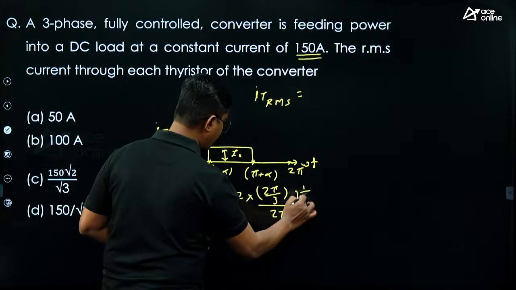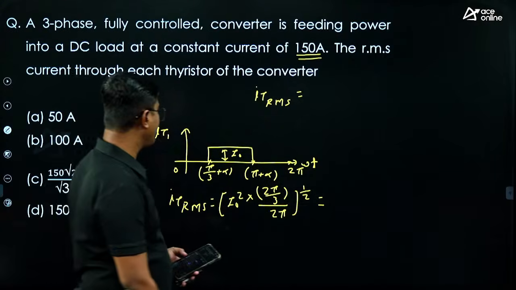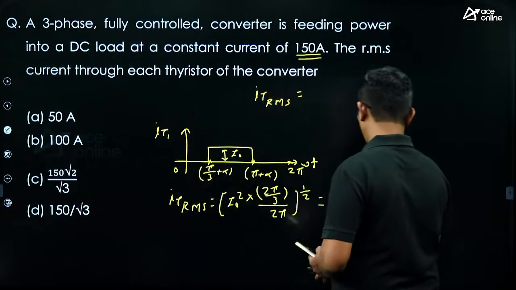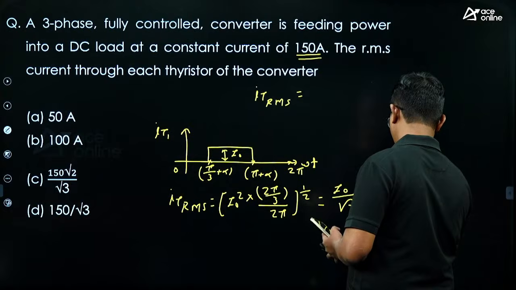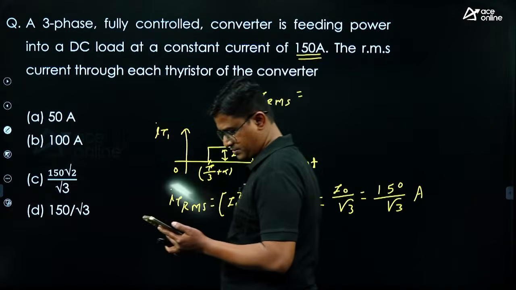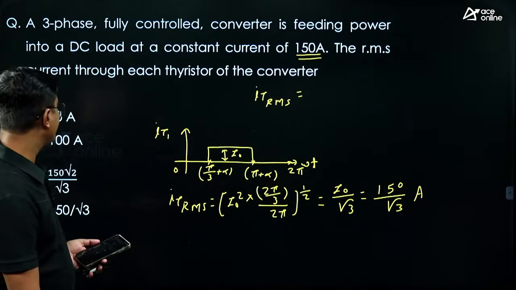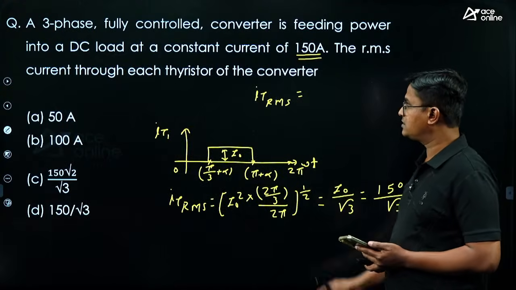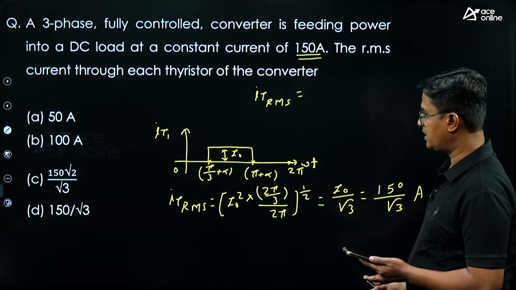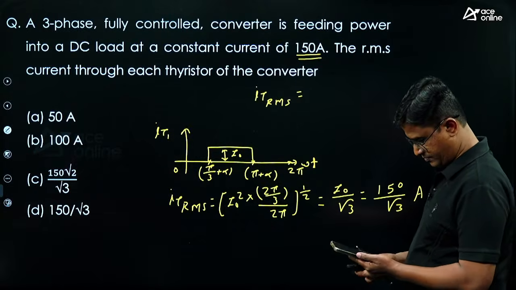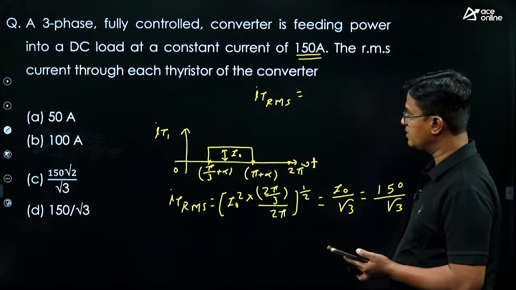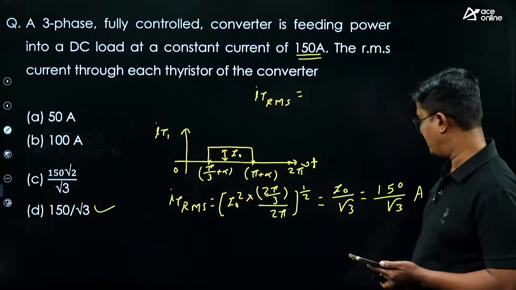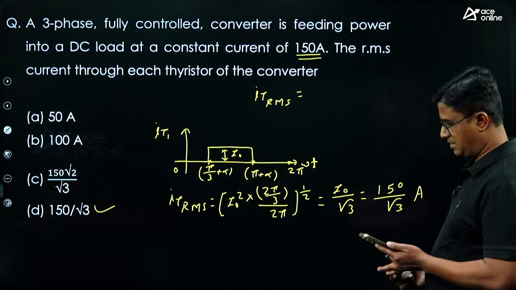So it is equal to I0 by root 3, that is 150 upon root 3 ampere. Each SCR conducts for only 120 degree. So the correct answer is option D, not C, it is D, 150 by root 3. Next.